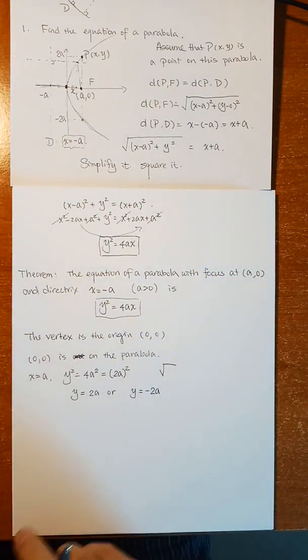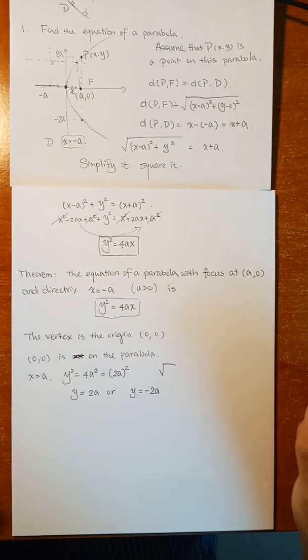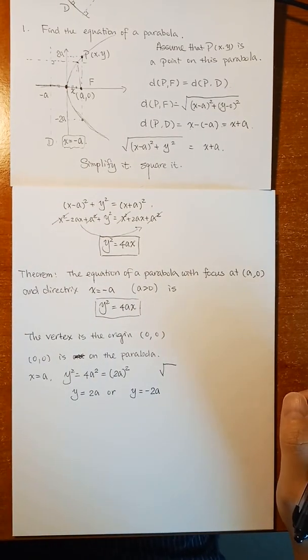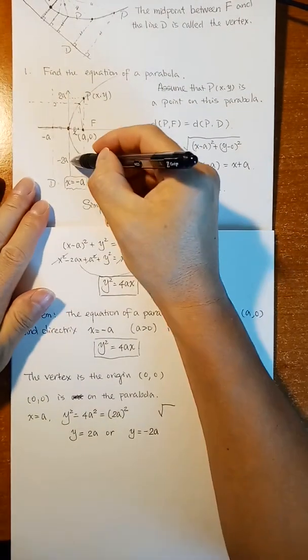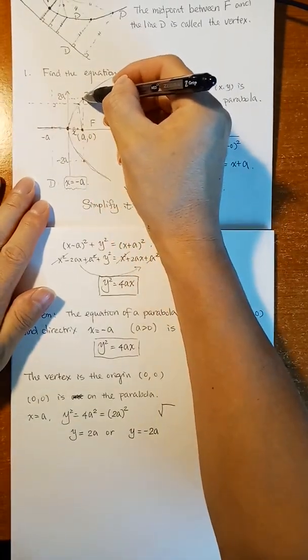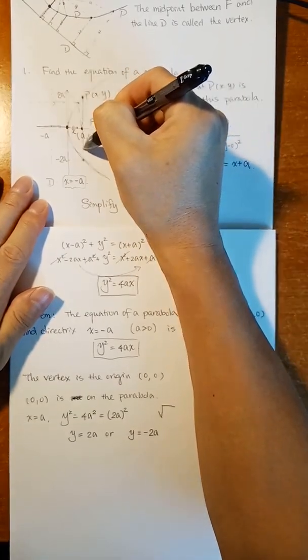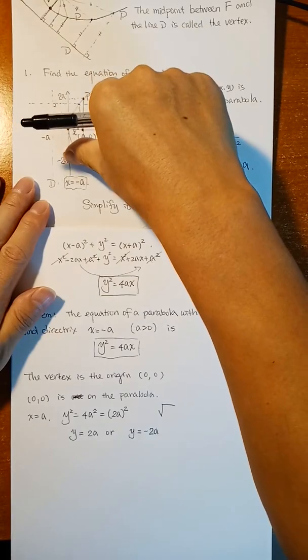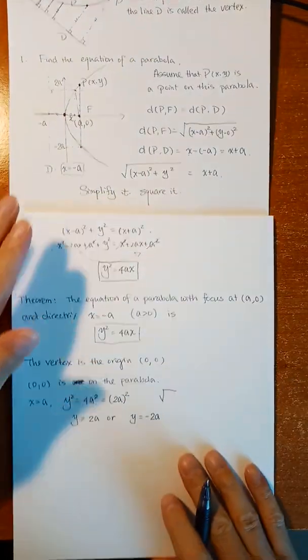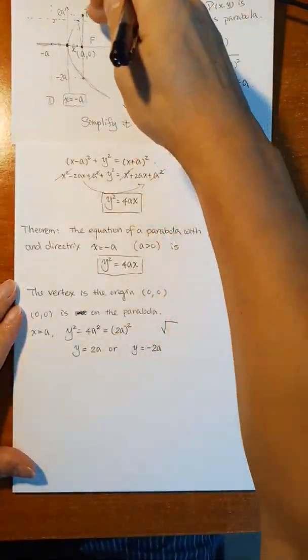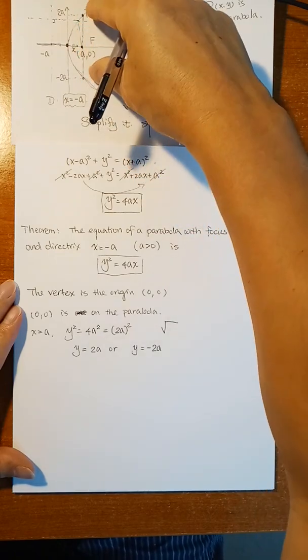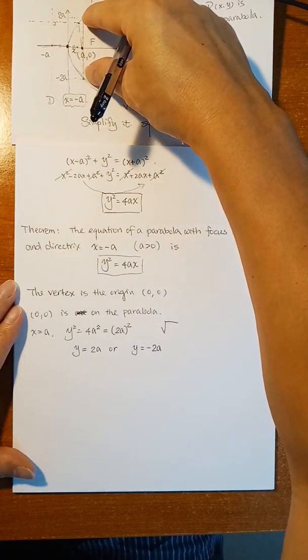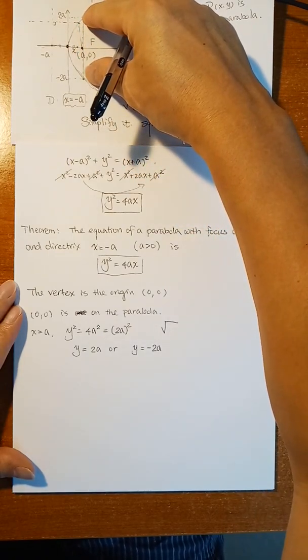Here we can evaluate, so we just list them out. So here's negative 2a, here's positive 2a. This whole segment has length 2a minus negative 2a, which is 4a. So this whole vertical segment from the top point to the bottom point has length 4a.